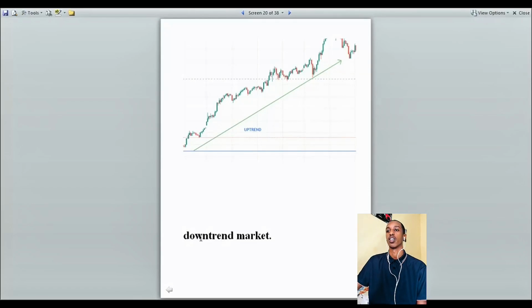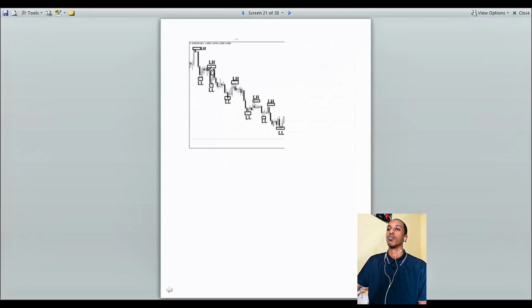There is another one we talked about, called a downtrend market. The downtrend market is when you make a lower high, lower low, lower high, lower low, and so on. That is the downtrend.